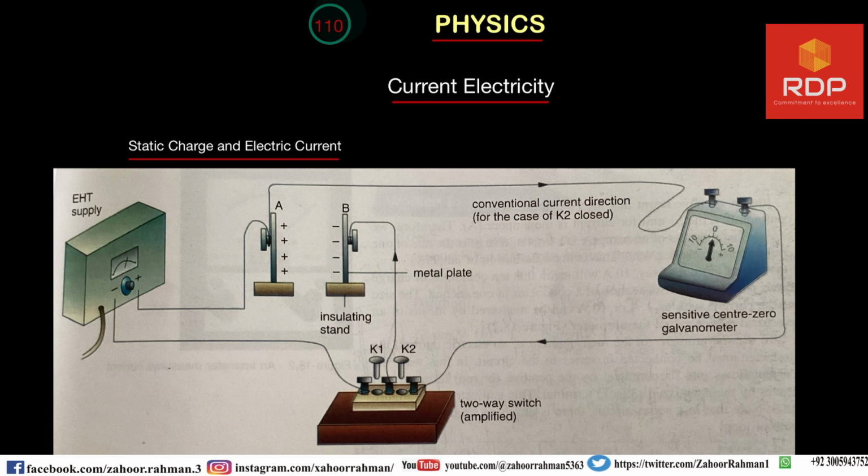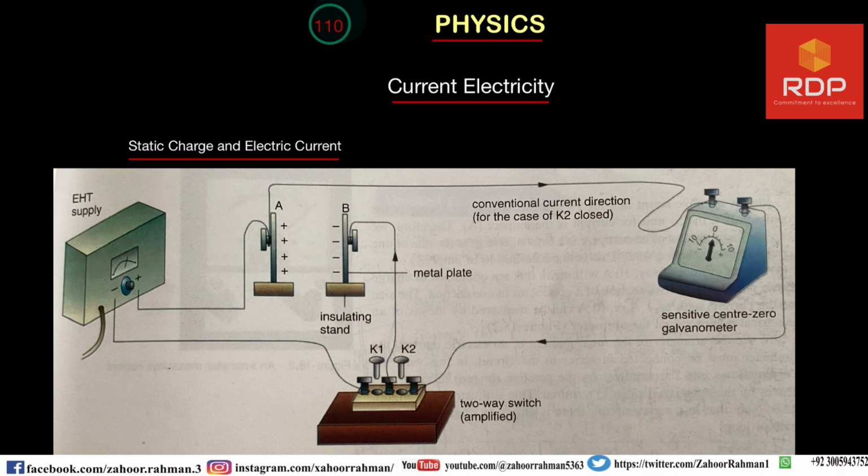The current is caused by the flow of electrons from the negatively charged plate B through the galvanometer and then to the positively charged plate A. At plate A, the positive charges are neutralized by the incoming negatively charged electrons.